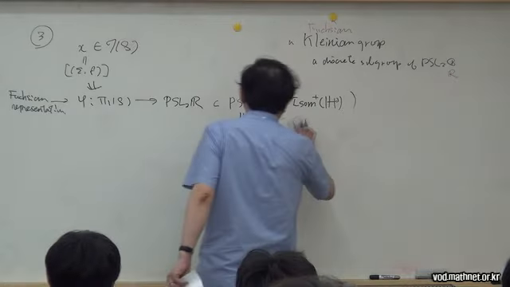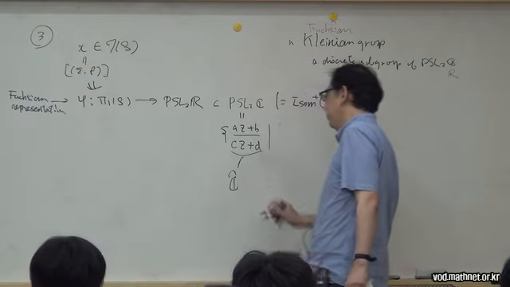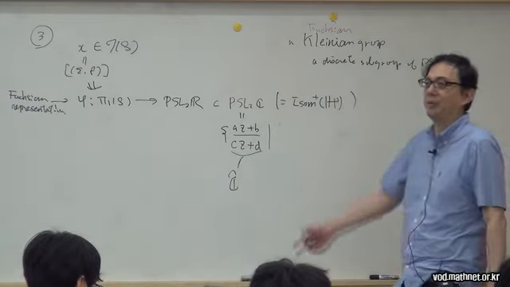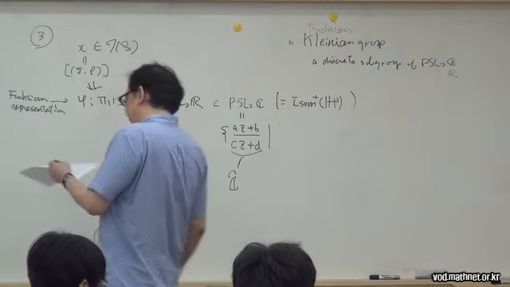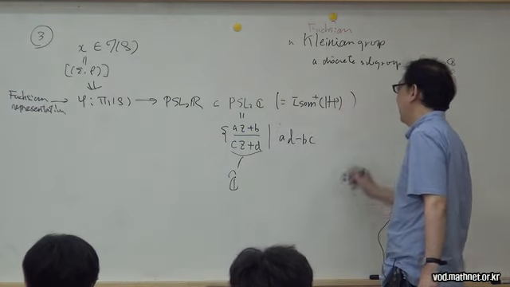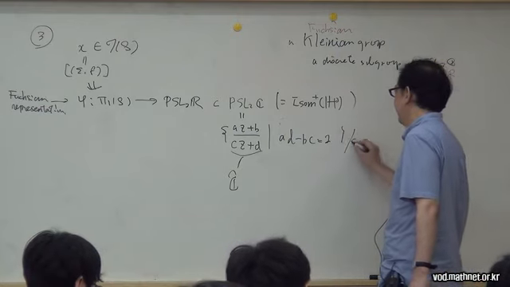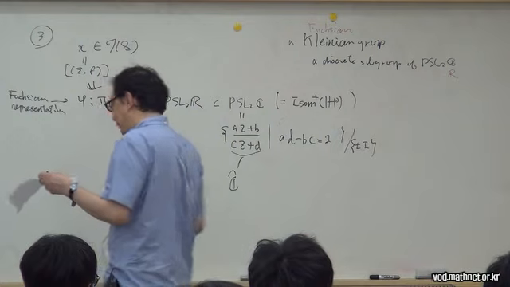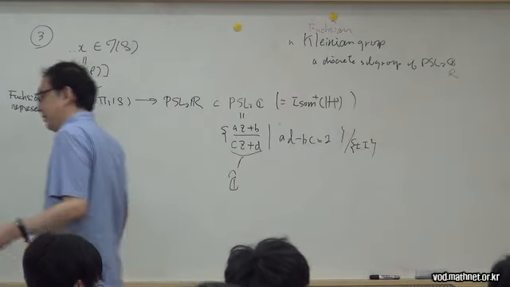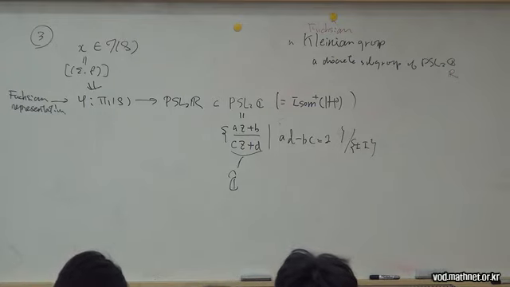It is regarded as a transformation on the Riemann sphere, which is the one-point compactification of the complex plane. We impose the condition that AD minus BC is equal to 1, and divide by plus minus I, as usual. That is PSL(2,C).